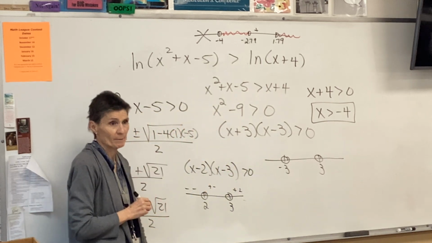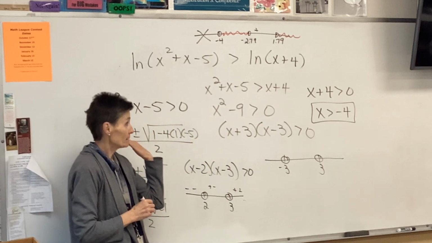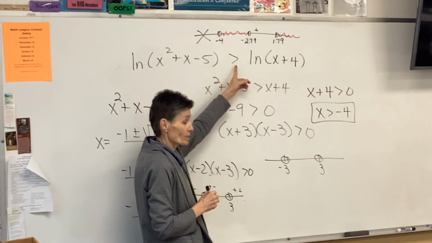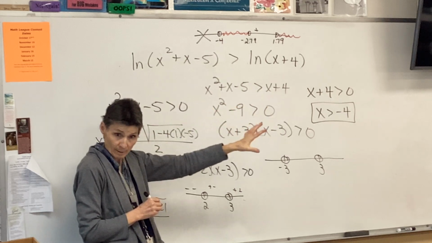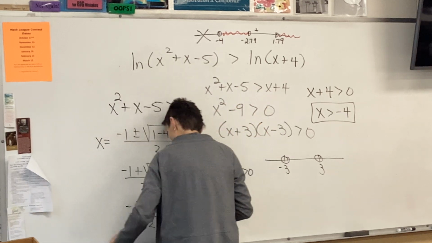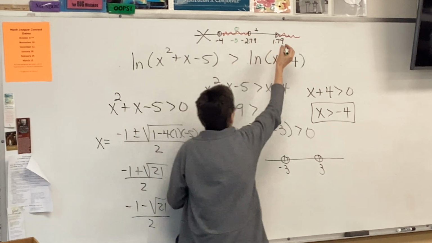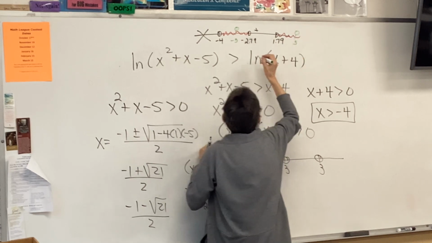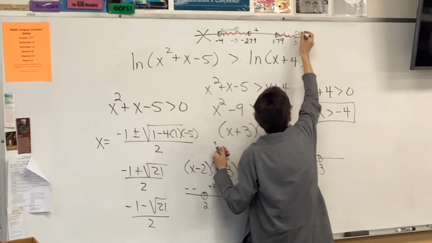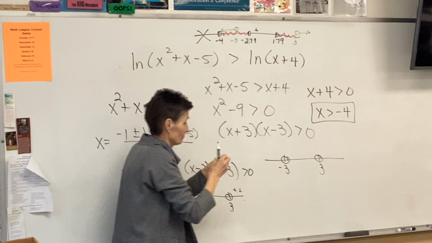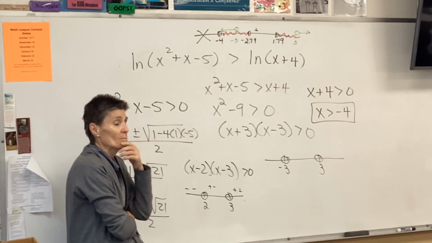Where are those answers going to be? Before negative 3, that's a greater than. So it's just like the one we just did. So before negative 3 or after positive 3. So here's negative 3. And here's positive 3. And I have to be before this one or after this one. Tell me what my answer is.